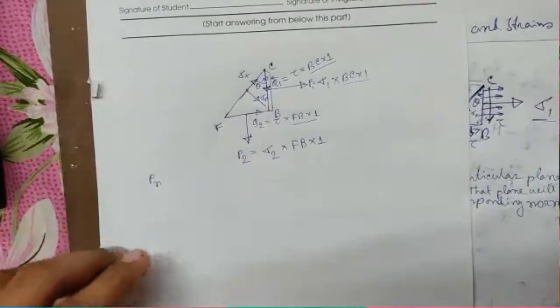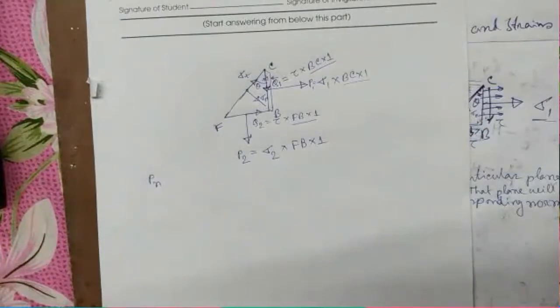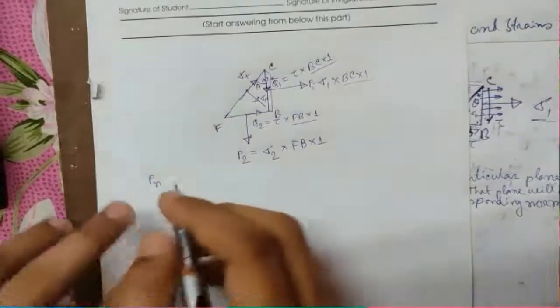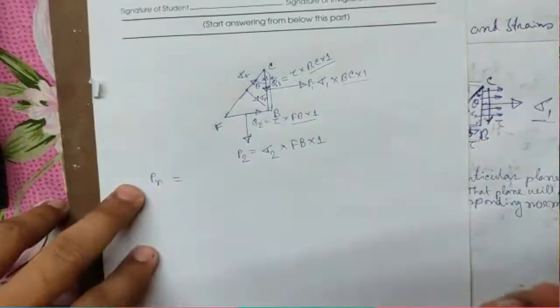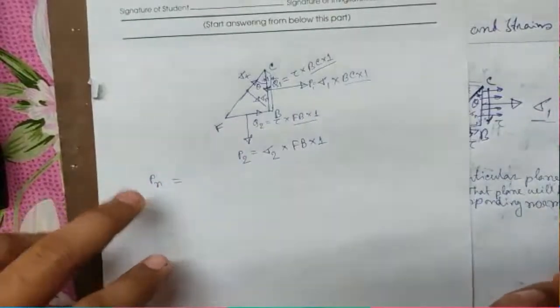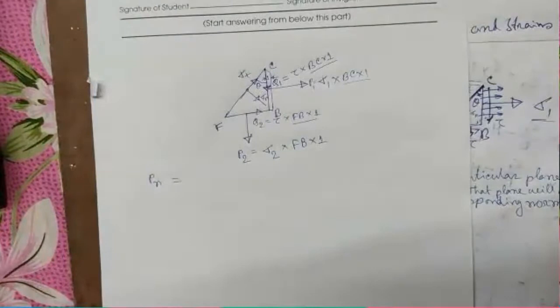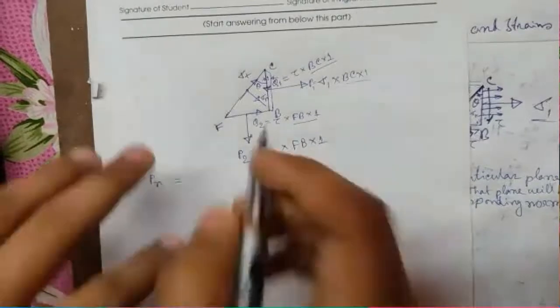You have to understand and remember, Pn is equal to force along the normal direction of CF. So Pn then will be having the component of P1.